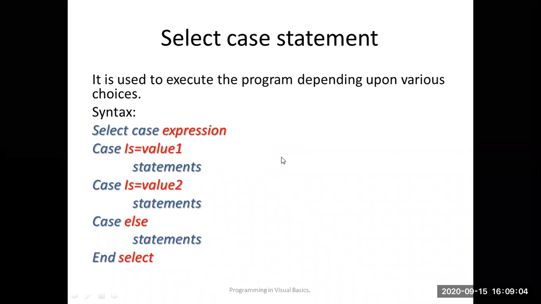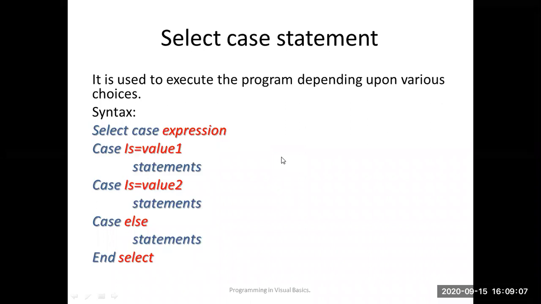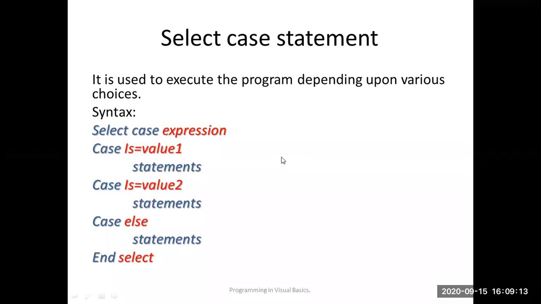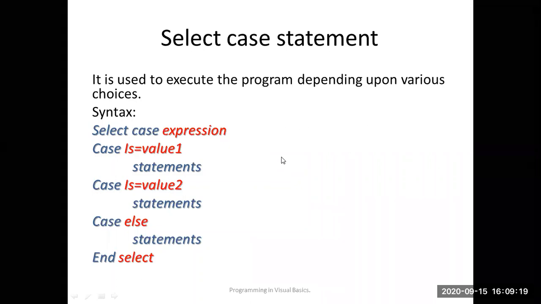I will explain with the help of a very small program how we are going to use the select case statement. Select case statements are mostly used in restaurant menus and hotel menus, where you can order things on your touch screen.